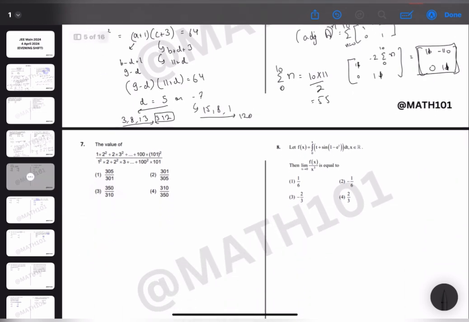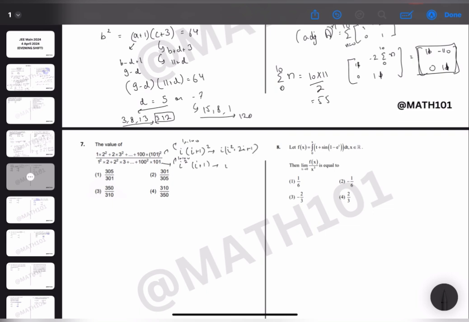Moving on. So the numerator's ith term is I into I plus 1 squared. I ranges from 1 to 100. And the denominator is I squared into I plus 1. I goes from 1 to 100. So expanding the numerator, we get I into I square plus 2I plus 1.